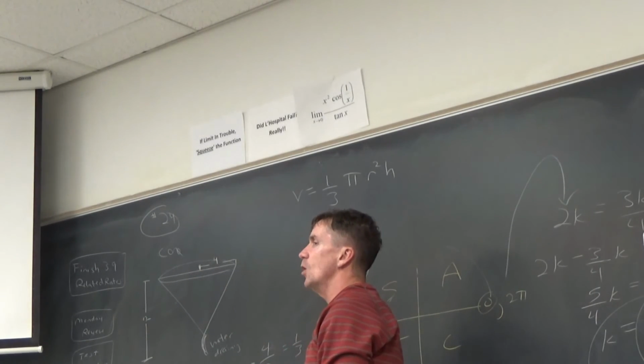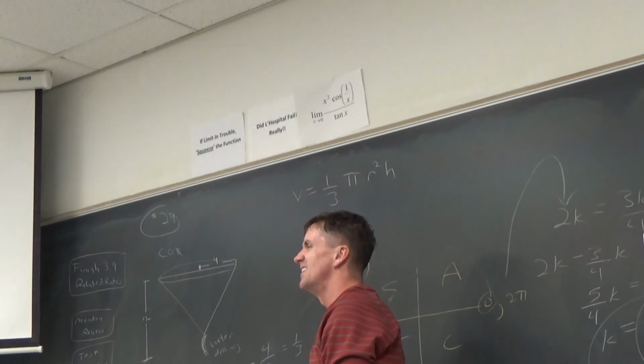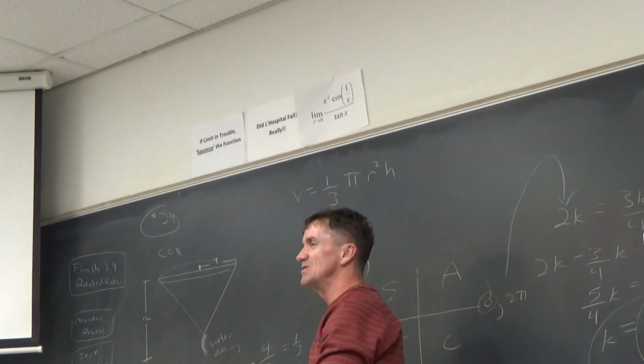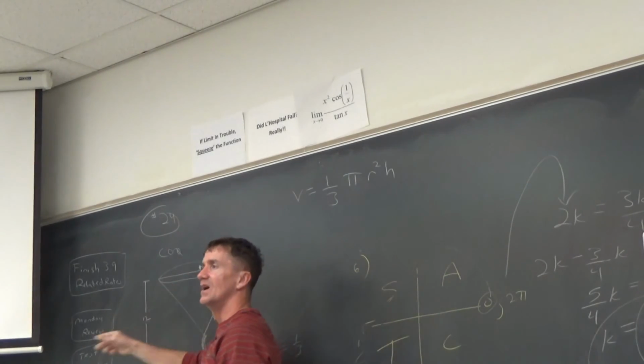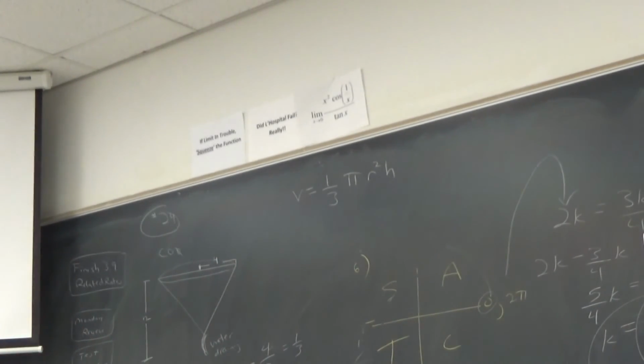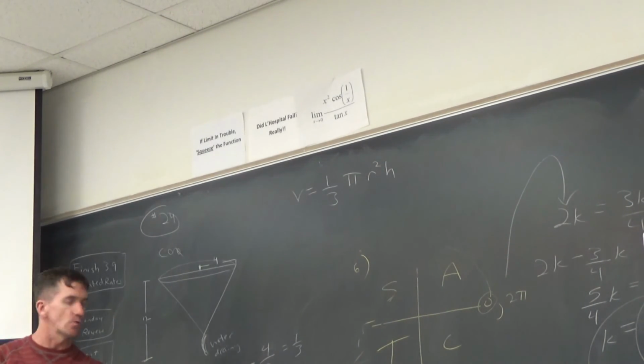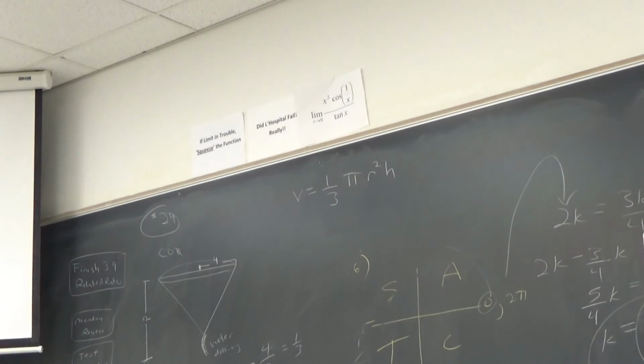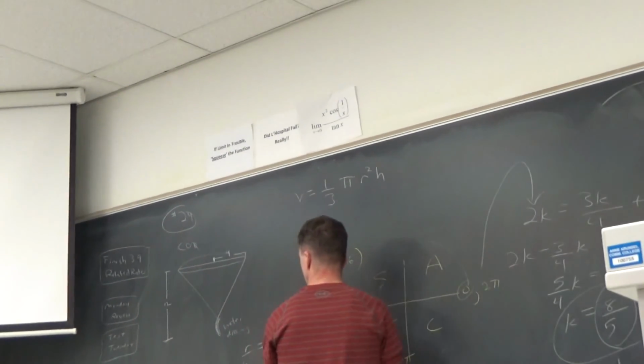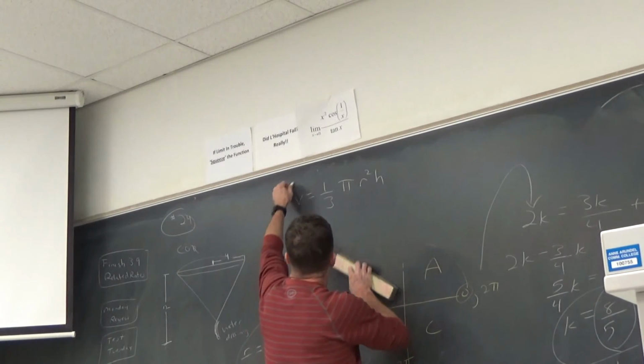Remember last problem though, it was h over 2? It wasn't h over 3 last time. So that's what I mean, it depends on the way they set up those dimensions on that cone. That's why we can't always say, like last time, radius equals height over 2, because they said something about the diameter and height being the same size. Cool. But now I'm just gonna substitute this for r.